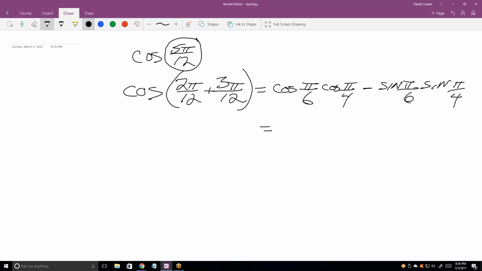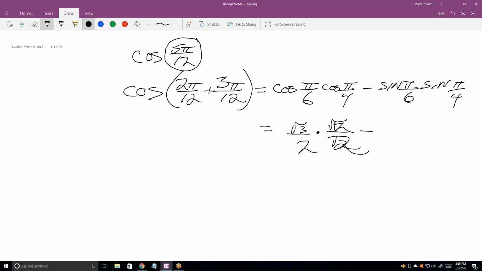What's cosine of pi over 6? Root 3 over 2. Cosine of pi over 4? 1 over root 2. Minus sine of pi over 6? I suppose it would be easier to write it as root 2 over 2. I agree. That gives you a common, well, you know what, it's not going to matter, because we're multiplying.